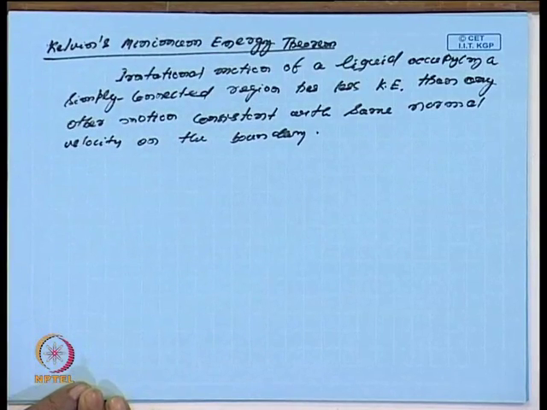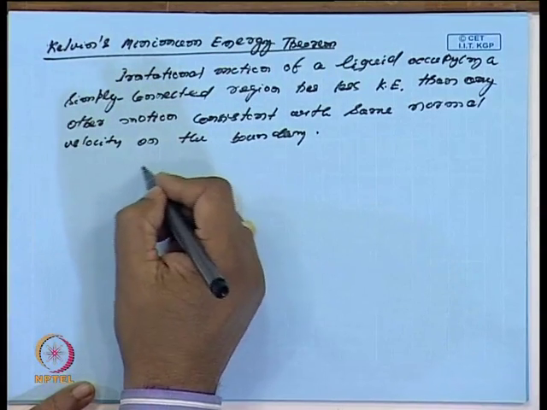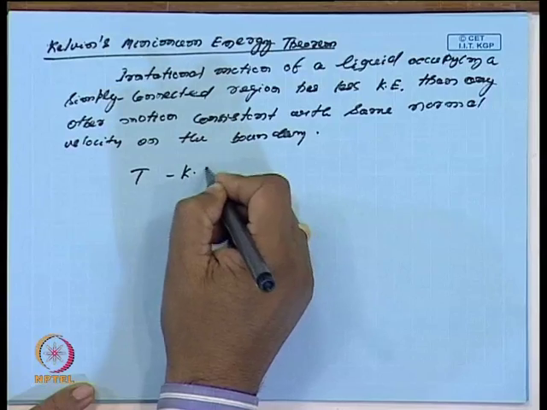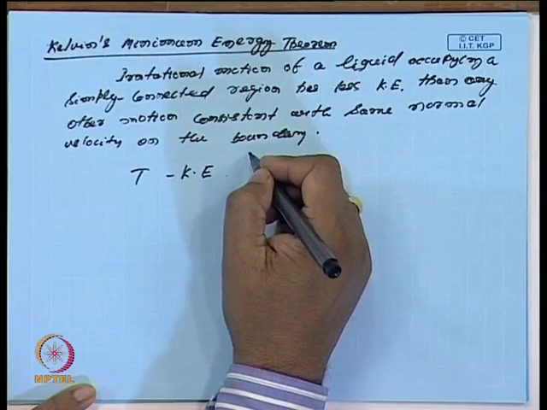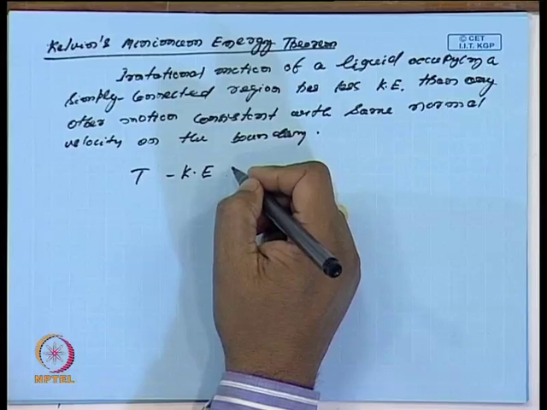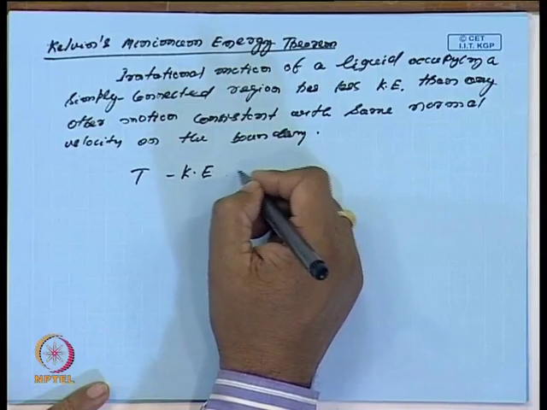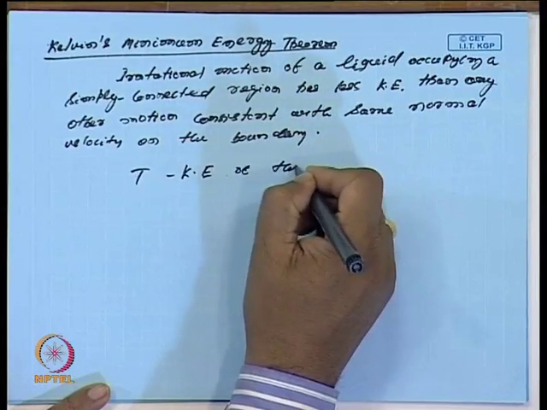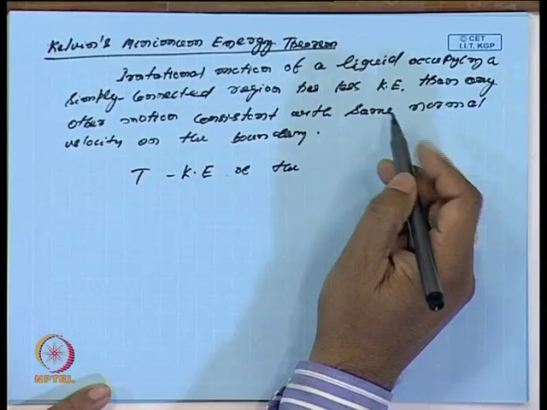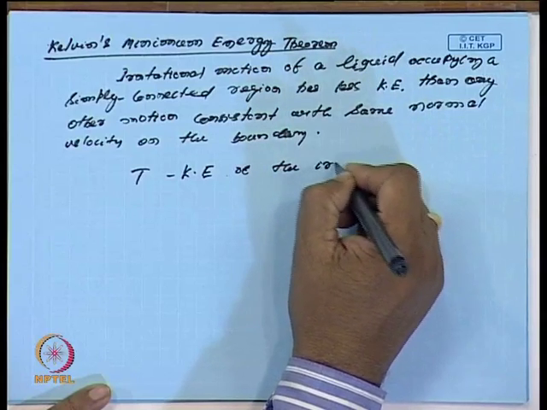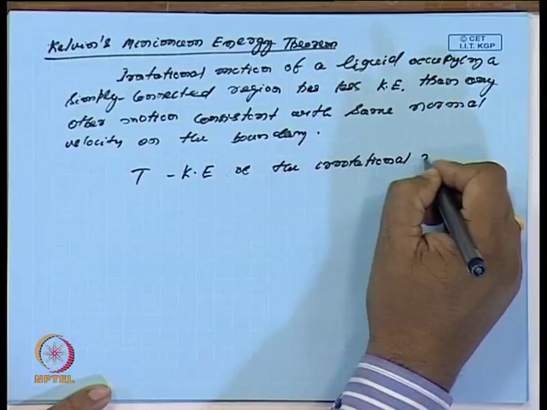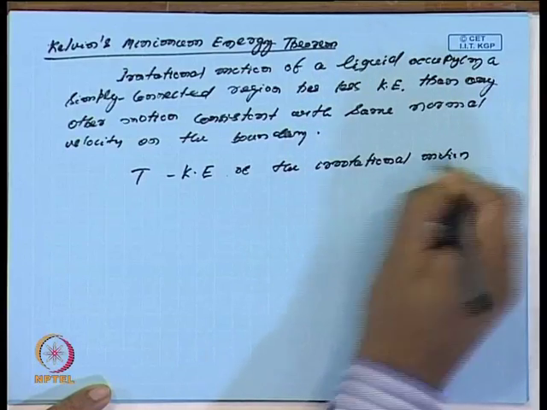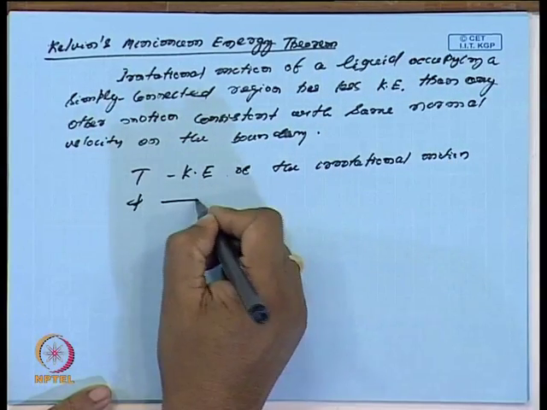So, let me say that suppose T is the kinetic energy associated with the flow of an irrotational motion of a fluid, and let phi be the corresponding velocity potential.